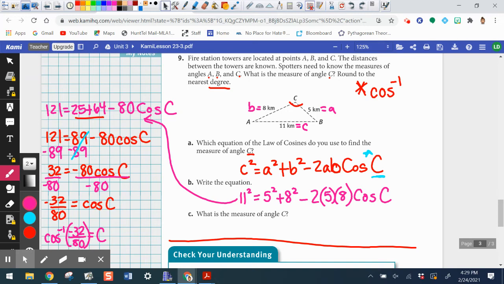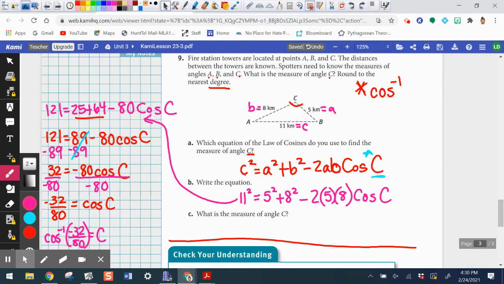Well, it's the equation that was actually set equal to C squared, because C squared is equal to A squared plus B squared minus 2 times A times B times the cosine of the measure of angle C. So it makes sense that we would use this law of cosines because it involves the measure of angle C. That's what we're looking for.